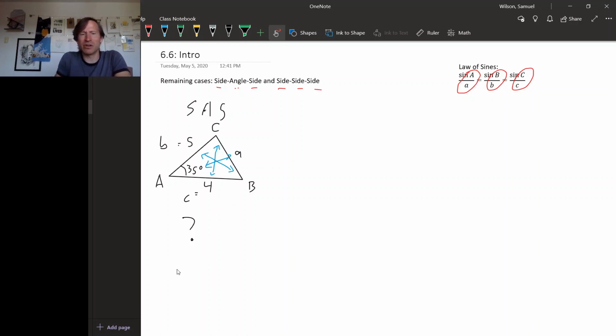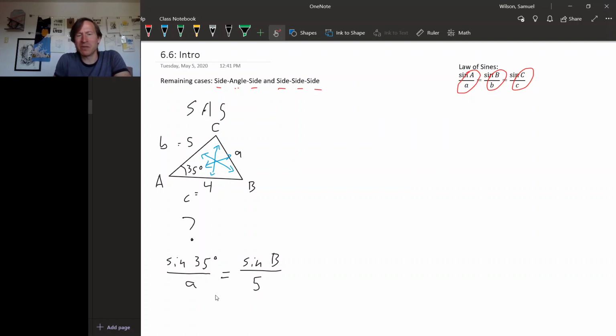Just as an example, if we tried to write down the law of sines, let's write the version with the A's and B's. So sine of A, we know A, it's 35 degrees, over little a, we don't know, equals sine of the angle B, but we don't know that, so we just have to write capital B, over the side little b, which we do know.